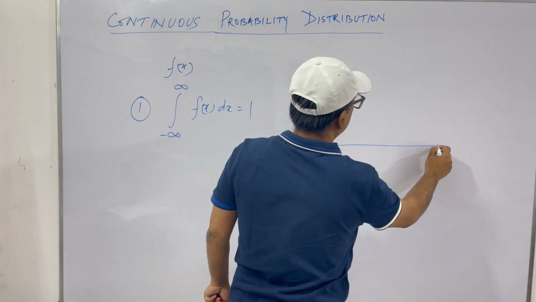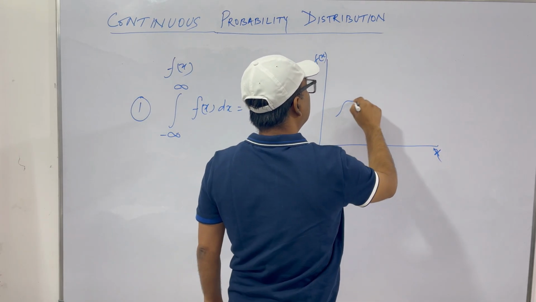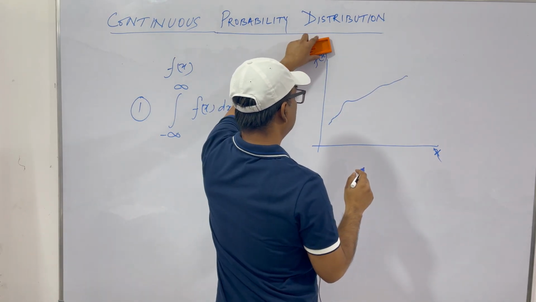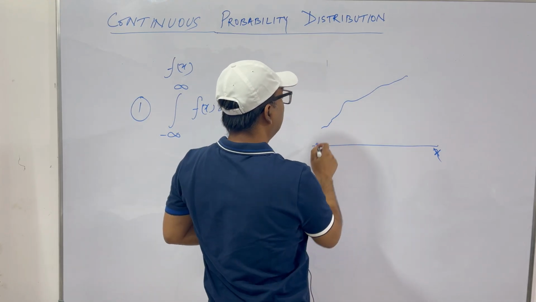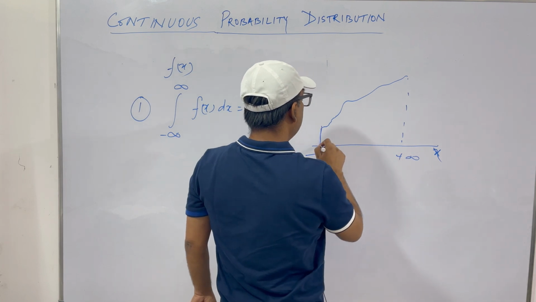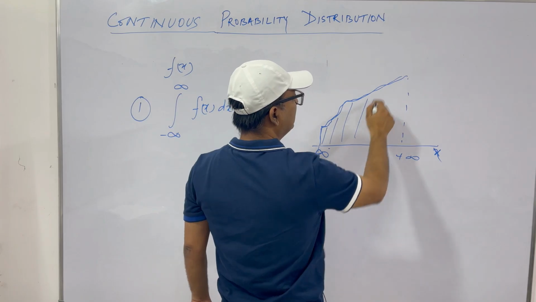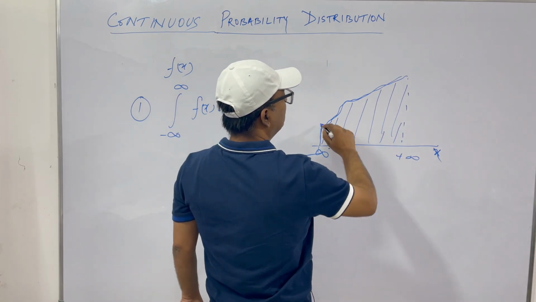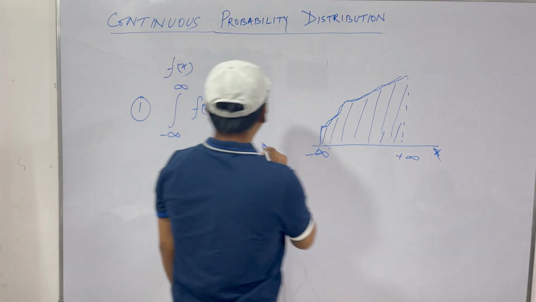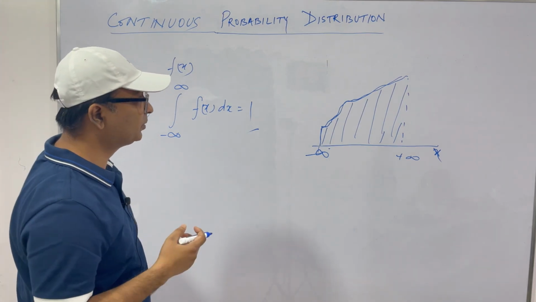Let's say this is x and this is your function, the frequency curve, from minus infinity to plus infinity. If we take the integration of this curve, the area shaded by this curve and the x axis is equal to 1. That is, the total probability is equal to 1, the basic definition of probability.